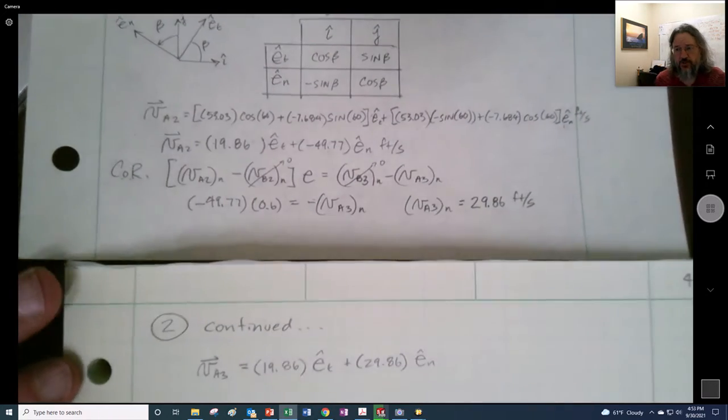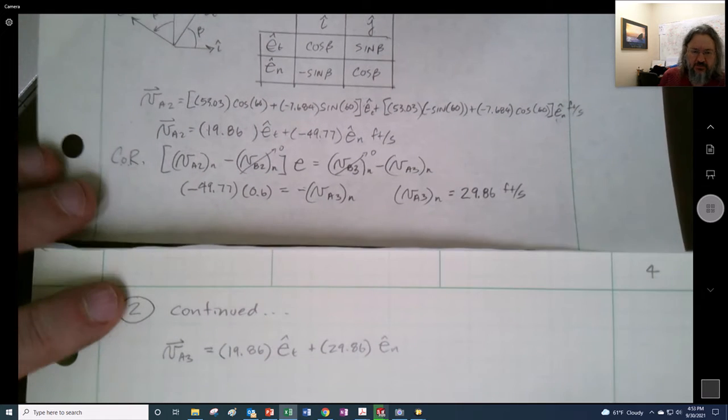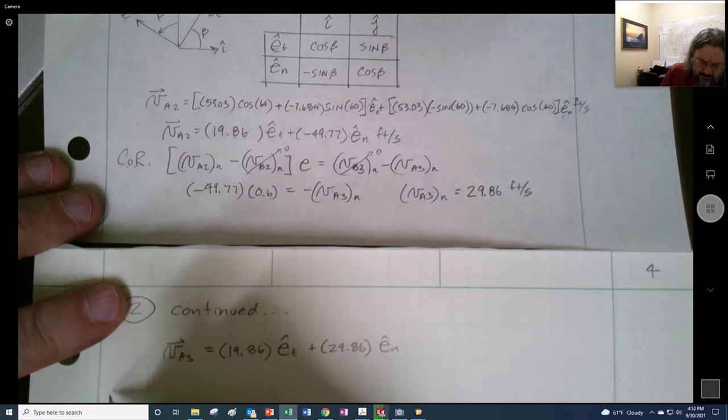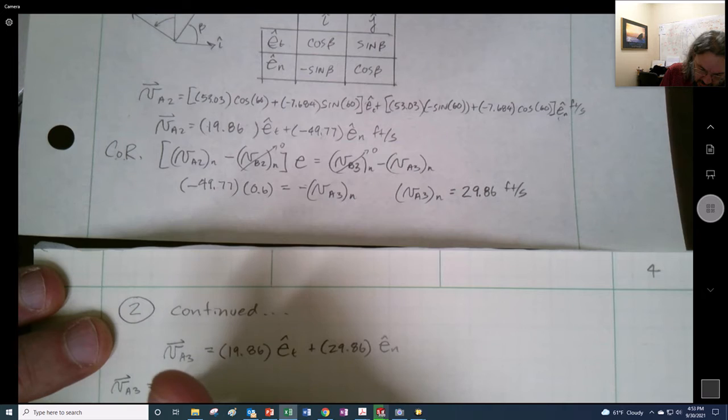You can do this with little angles and stuff, but I've seen students get really confused by that. So we're going to take the VA3 and just take it again. 19.86.